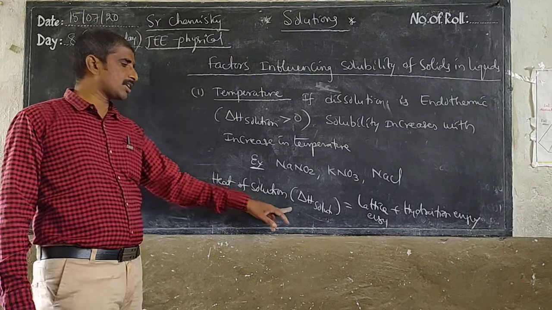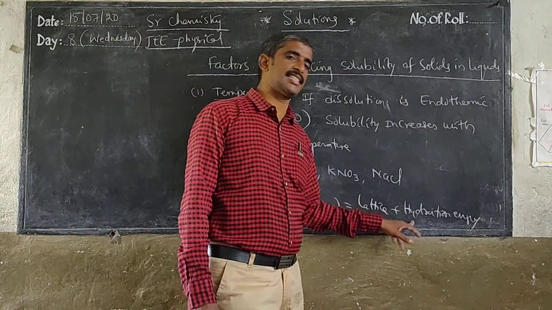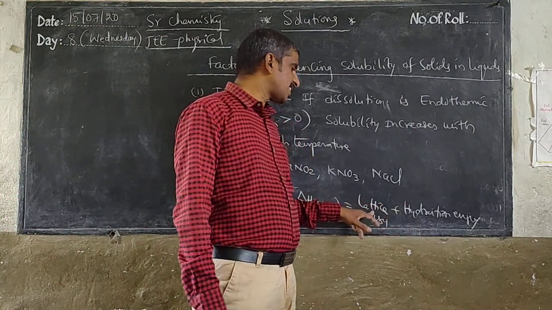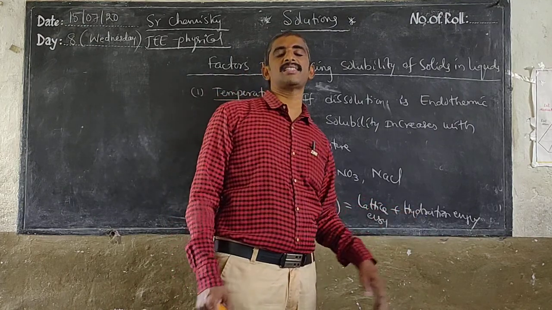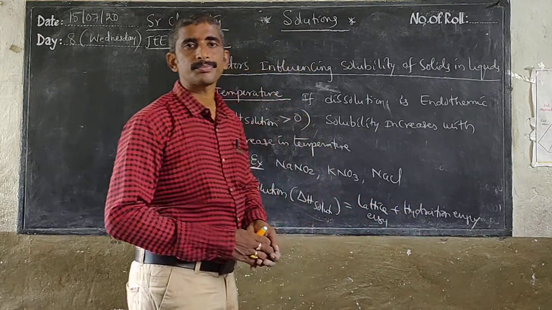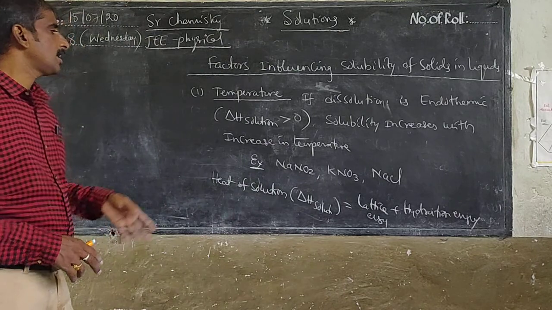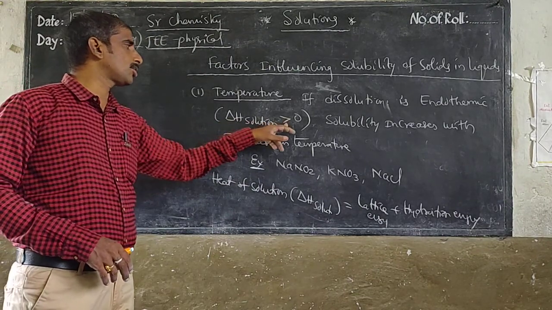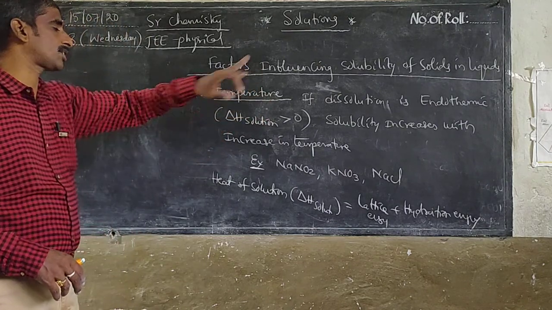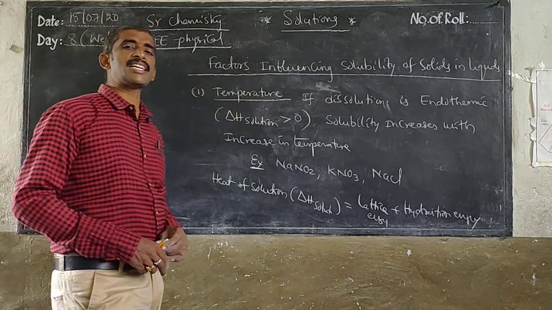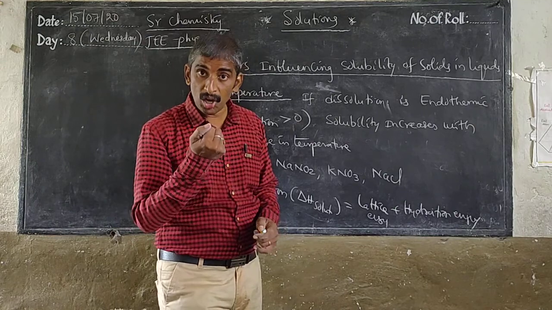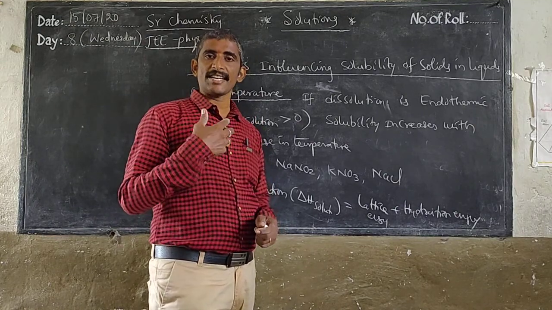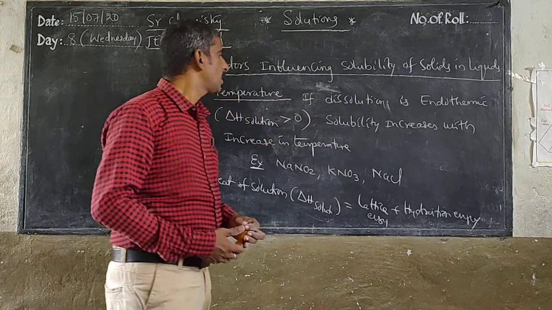So delta H of solution greater than 0 is an endothermic reaction. In an endothermic reaction, heat is absorbed. In an exothermic reaction, heat is liberated.